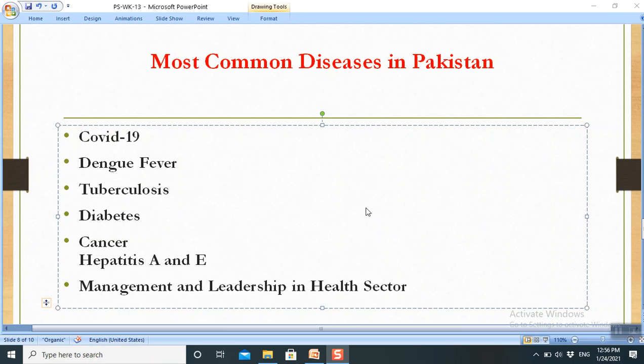Since 2013, Pakistan has started compiling the data of cancer patients.